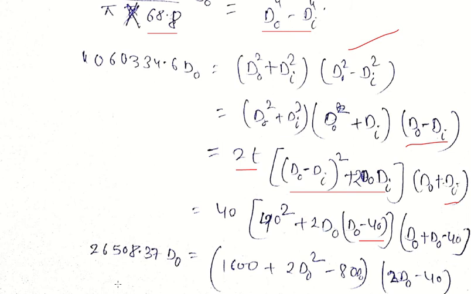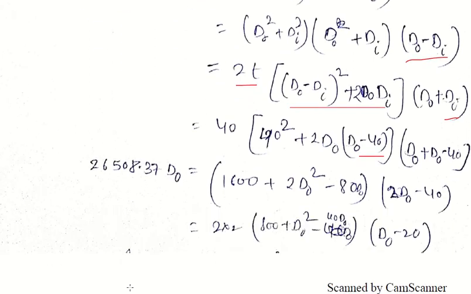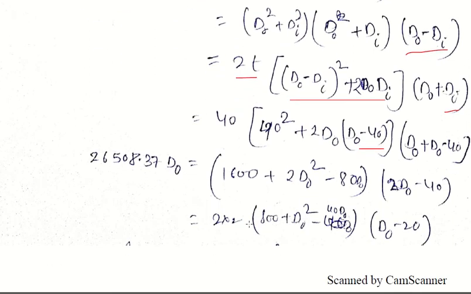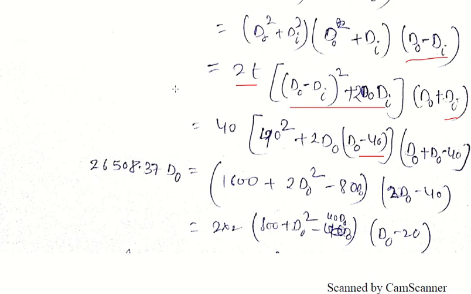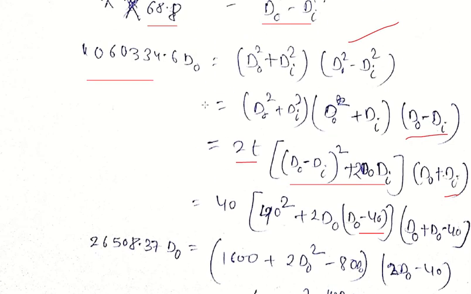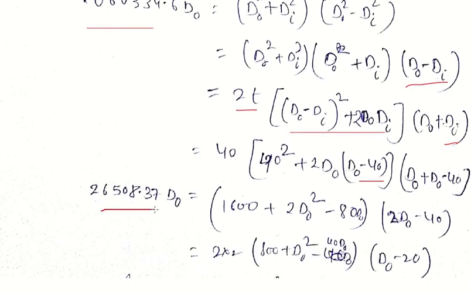So 40 divided by 40 in this equation, it will give 2650.37, and the outer minus the inner we know is 40 mm. So 40 squared, and here we multiply into this, so 2d outer squared minus 80 d naught and 2d outer minus 40.